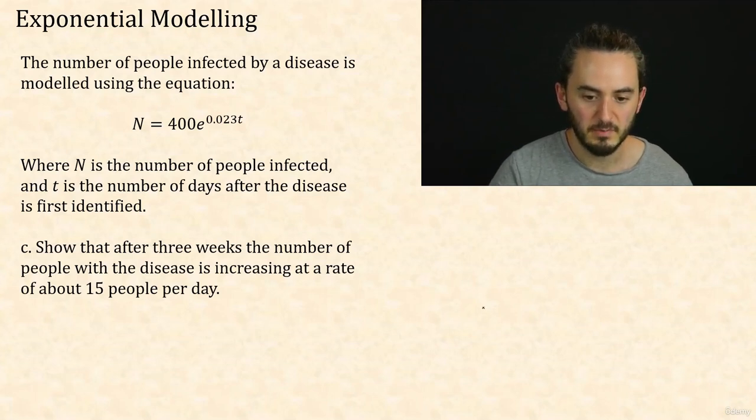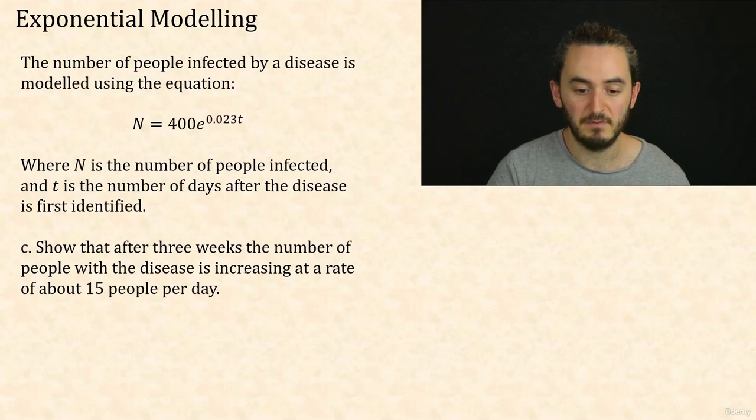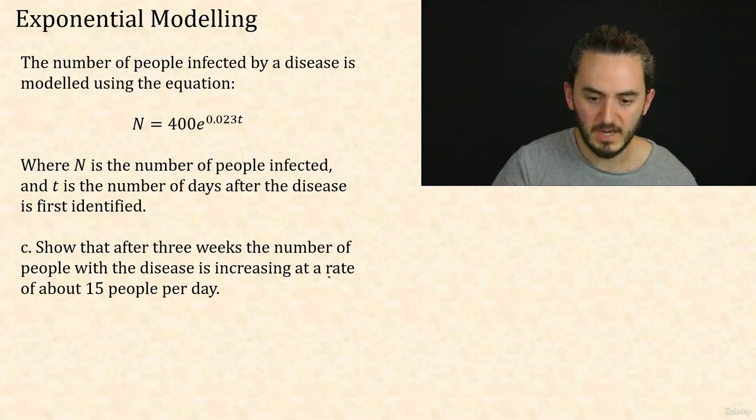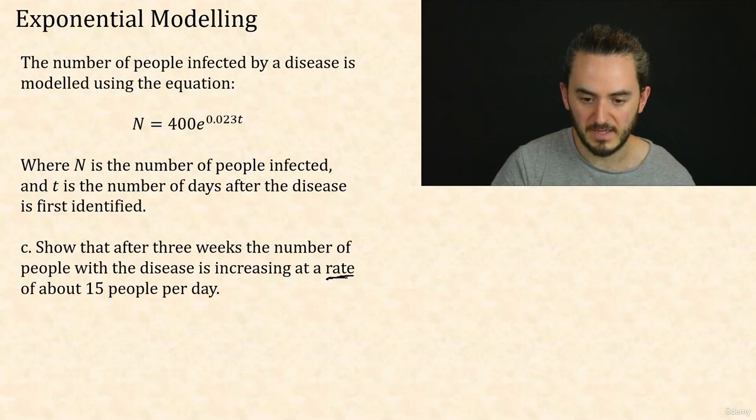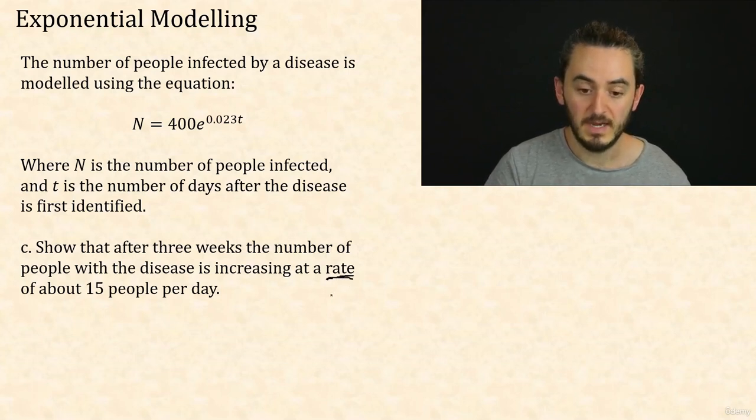Show that after 3 weeks, the number of people with the disease is increasing at a rate of about 15 people per day. Okay, so the word rate is one of those mathematical buzzwords. The word rate is talking about a derivative, always. So the rate of increase or the rate of decrease is a derivative.